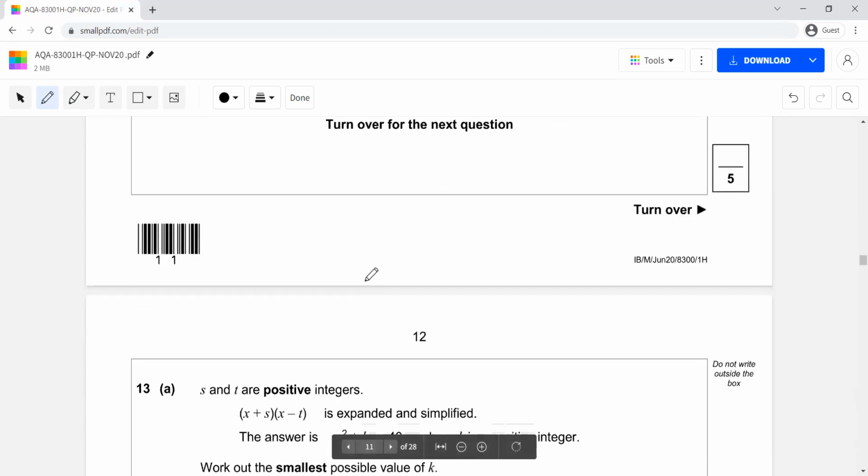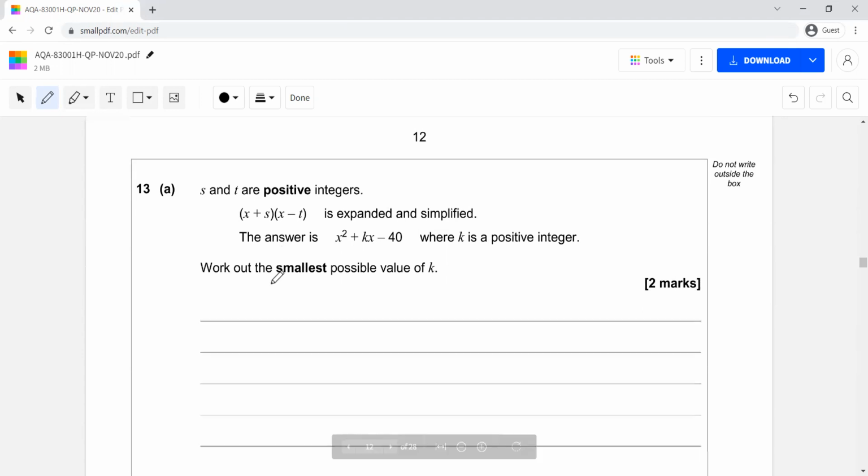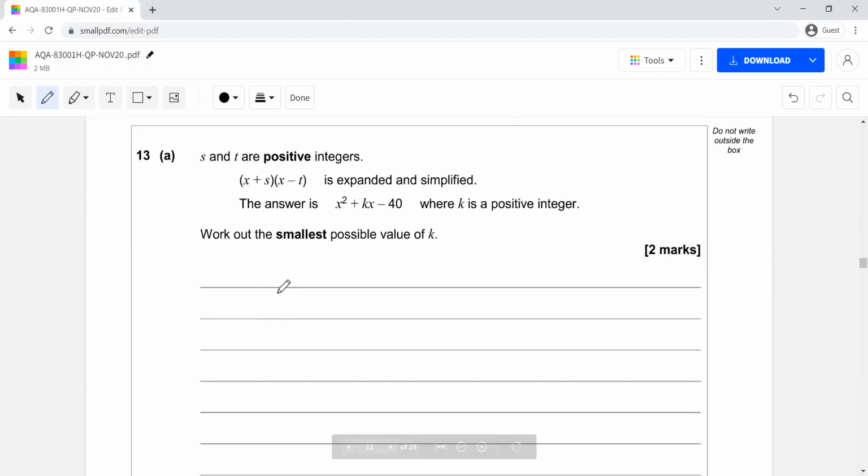Okay, question 13. S and t are positive integers. X plus s times x minus t is expanded and simplified. The answer is x squared plus kx minus 40, where k is a positive integer. Work out the smallest possible value of k. Now, whenever we expand, what we do is use FOIL: first, outside, inside, last.